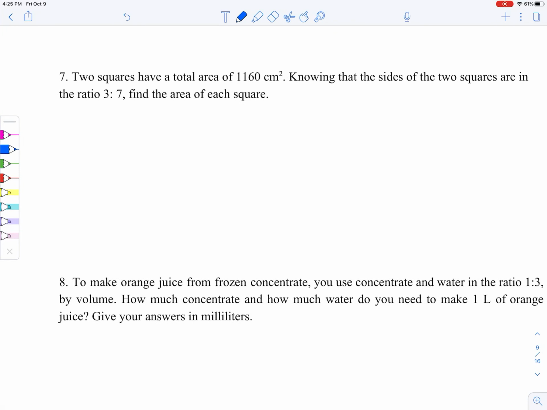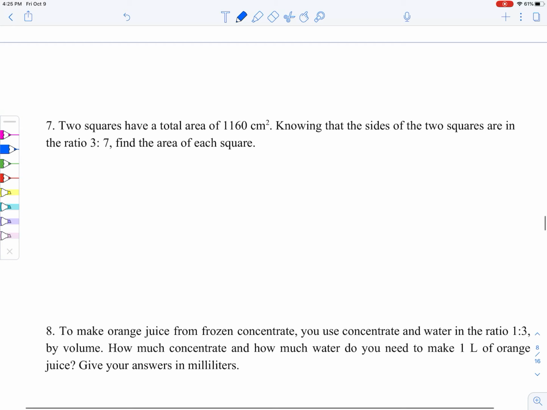The next one says 2 squares have a total area of 160,000. Knowing that the sides of the 2 squares are in a ratio of 3 to 7, find the area of each square. So this is where we're going to get something a little bit new. I'll draw a small square, and then a bigger square.